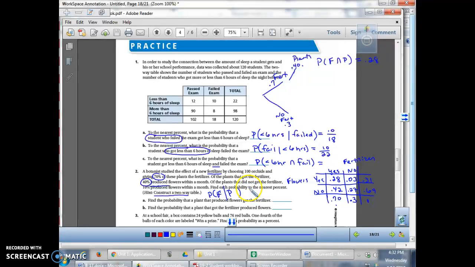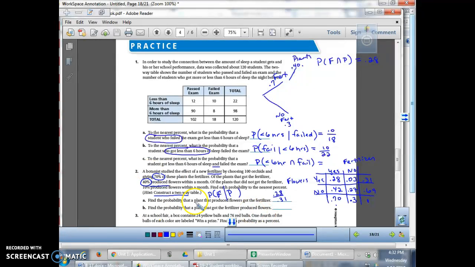So that's the way I'm going to look at it. So I'm going to focus in on just those that produced flowers. It's 0.31. And of those, 0.28. So it's going to be 0.28 over 0.31.